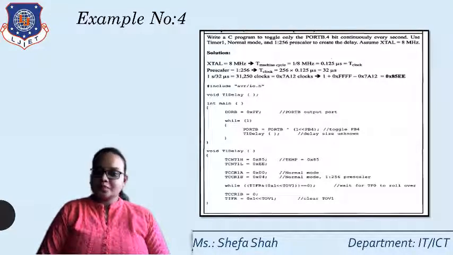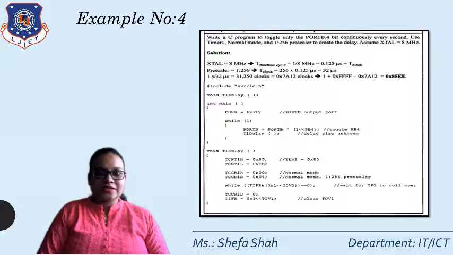So again, same as the program which we have written in the last example, TCNT1H will be loaded with 85 and TCNT1L will be loaded with EE, right? Then TCCR1A is 00 again, as it is a normal mode, and for TCCR1B, 1:256 prescaler comes at 100, that is the third bit position. So we are loading TCCR1B with 0x04, right?